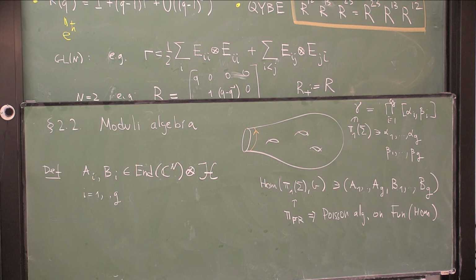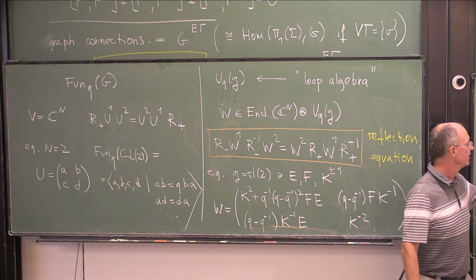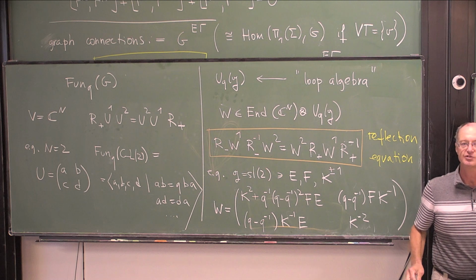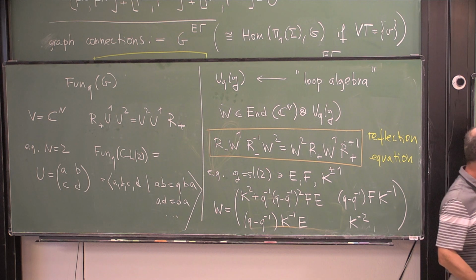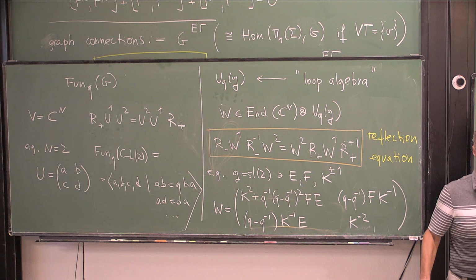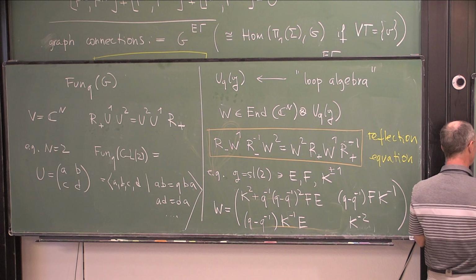And in the spirit of FRT, I want to define this algebra by quadratic relations in terms of those generating matrices. So the generators are matrix elements of those matrices. So relations.